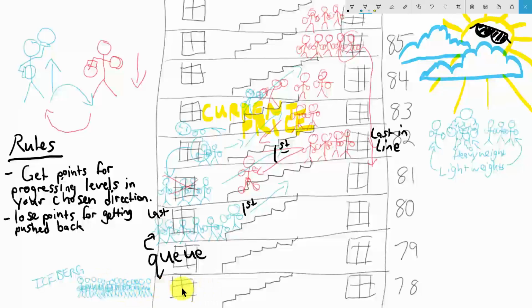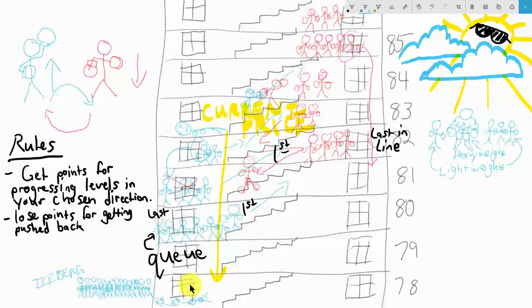You can't actually see them, but if the current price manages to move its way down to this level, maybe you have a few knockdowns here. There's the crowd here, X's because they're down for the count, right?